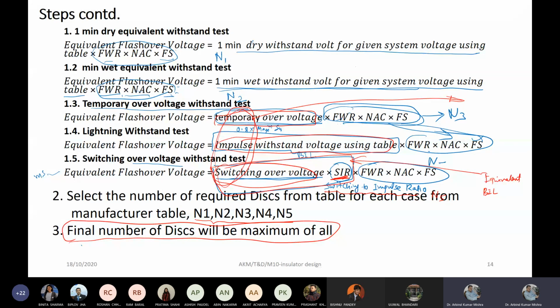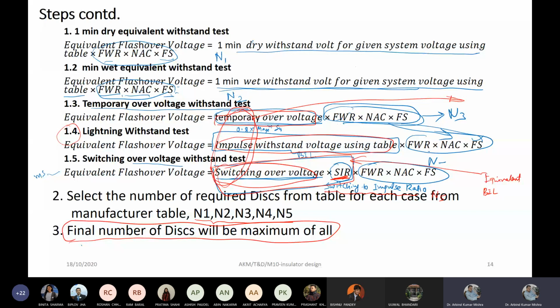For voltage levels not above 220 kV, you need to control only the lightning overvoltage. Once you control the lightning overvoltage and design the insulator, it will automatically withstand the temporary overvoltage and switching overvoltage.